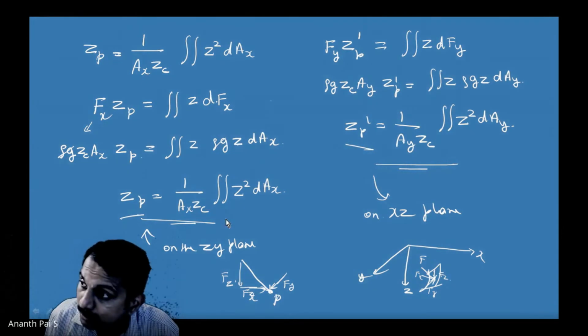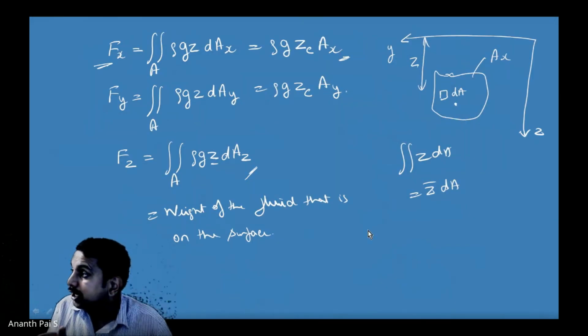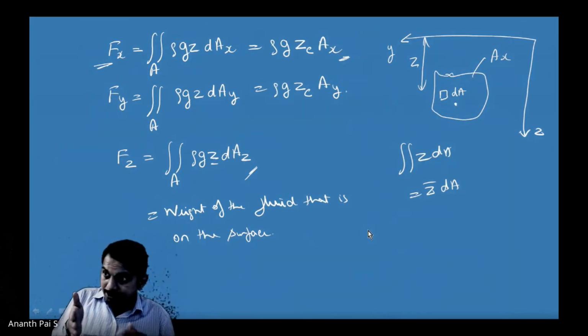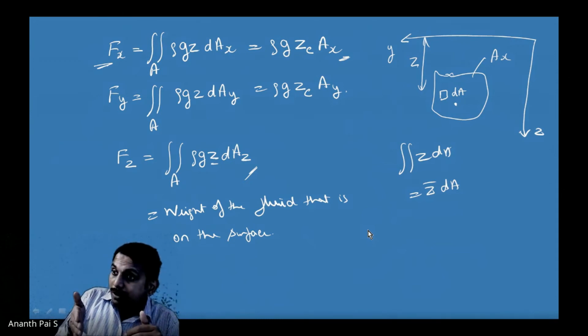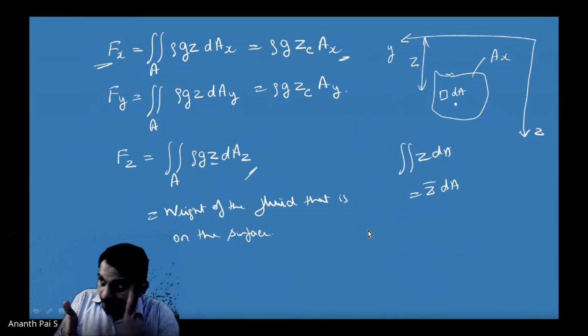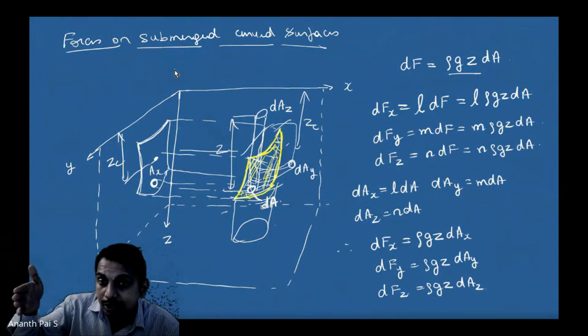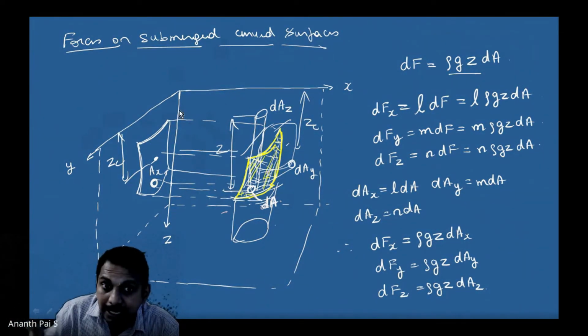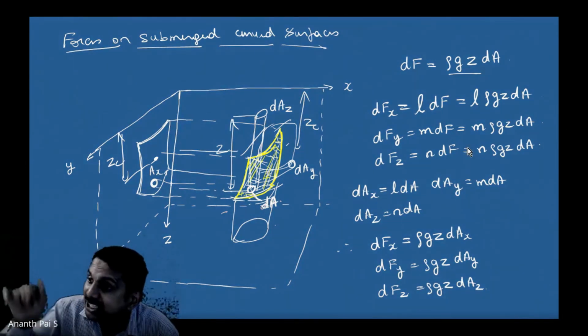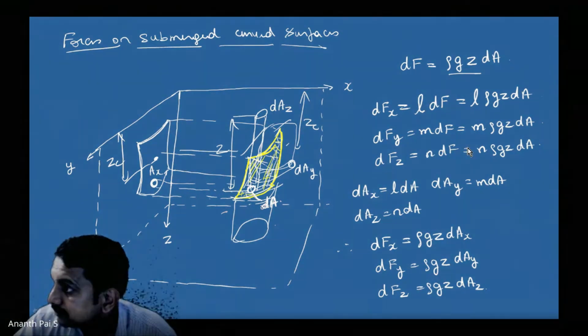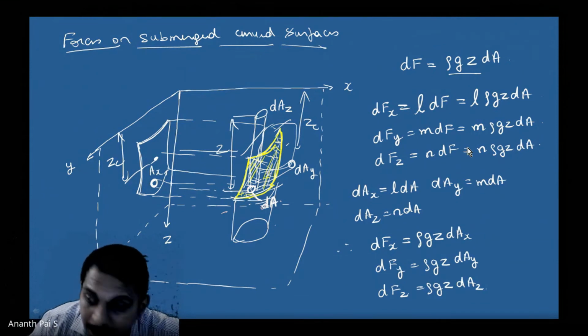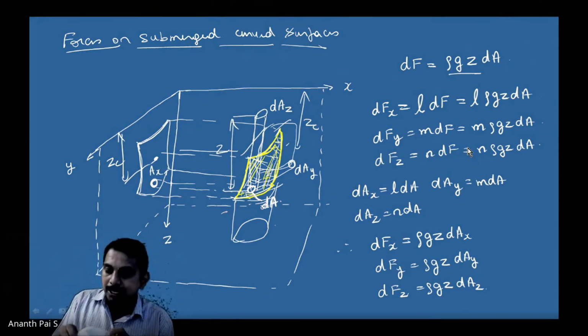One of the main points to consider is that on the yz plane and the zx plane, the center of pressure can be different. Why? A particular surface can be in this fashion.